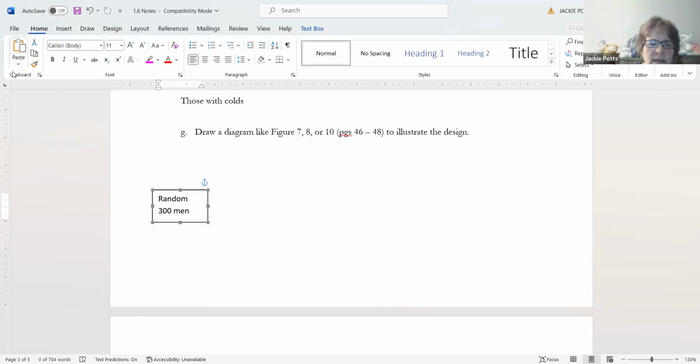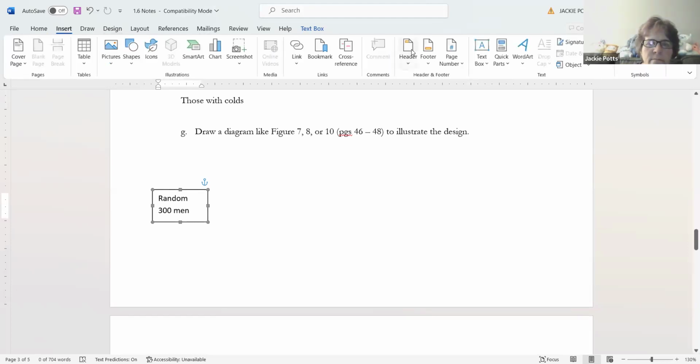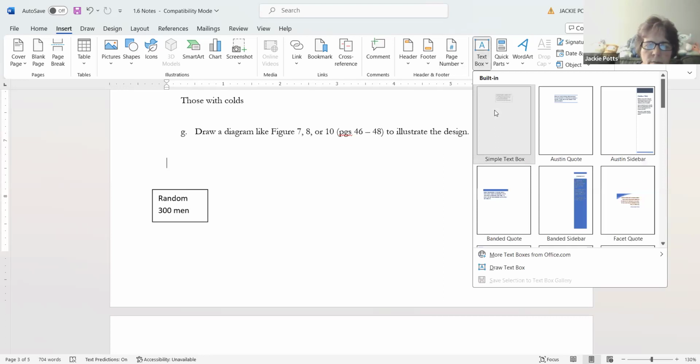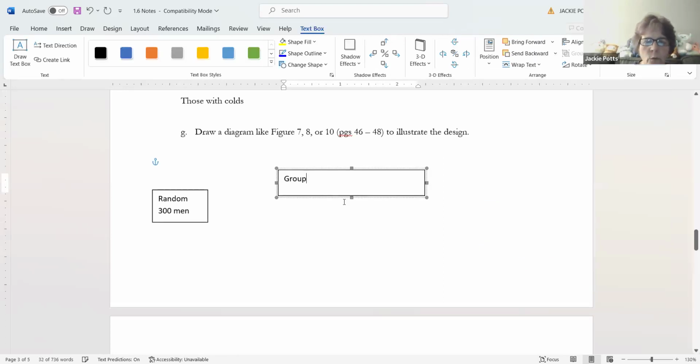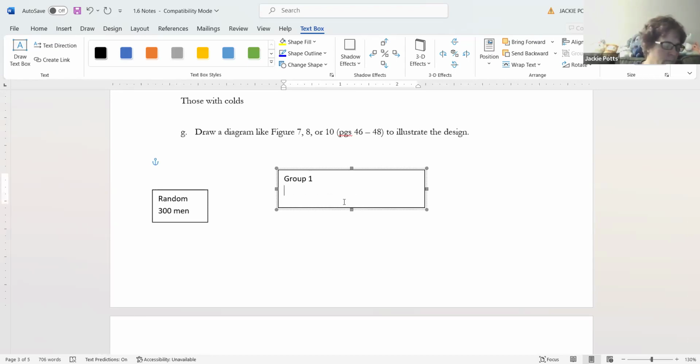And what was the first thing I did? I broke them into two groups. I have group one, who is getting meds, but it's made up of 150 men.